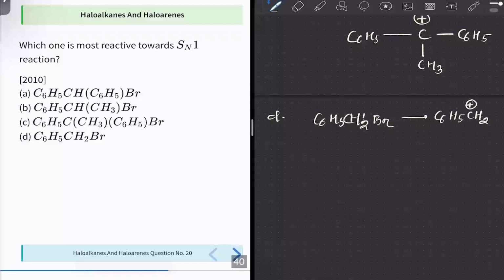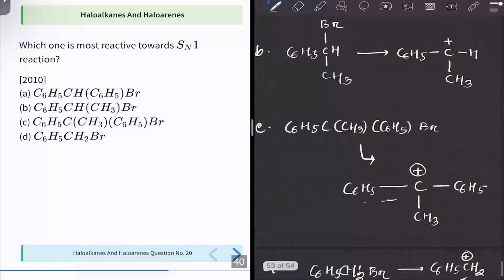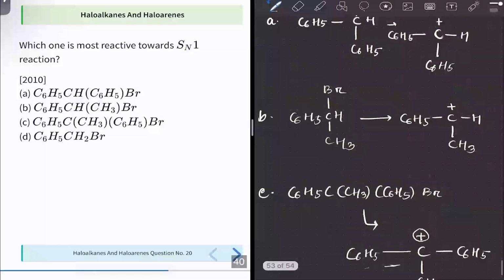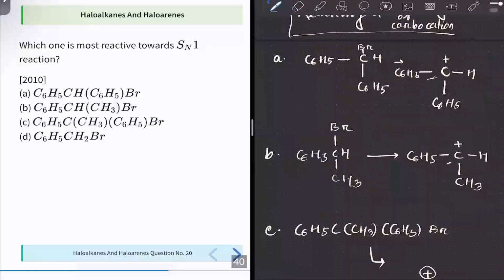So let's compare the stability of the carbocations. All the positions here are benzylic positions. Here also benzylic, that is also benzylic, and this is also a benzylic position. So it will be stabilized by the conjugation of the benzene with the carbocation.